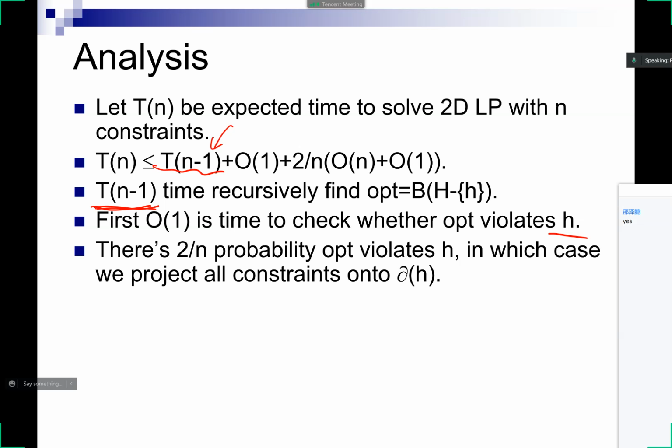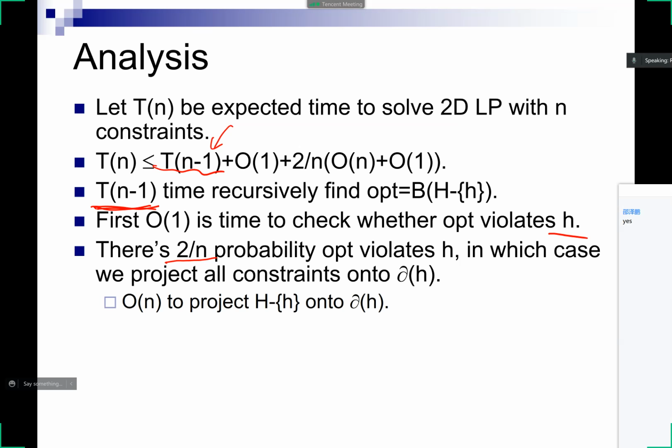Now there's only a 2 in n probability that the constraint little h violates the optimum. If it doesn't violate the optimum, then the algorithm terminates. But there's a 2 in n probability that the optimum violates little h, in which case we have to do all of these projection operations.